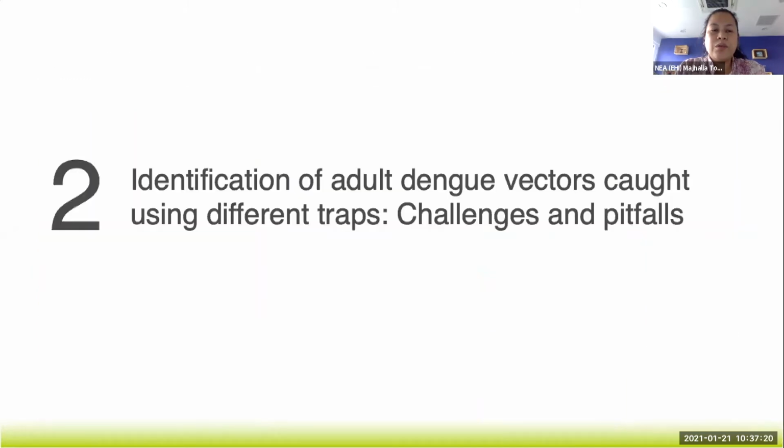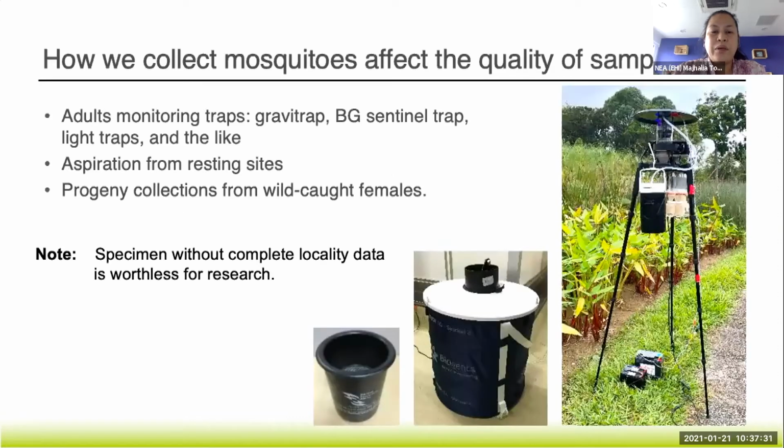All right. So when we're identifying dengue vectors using different traps, there may be challenges and pitfalls that we encounter in terms of identification. How we collect these mosquitoes is that, let's say for adult traps, we have the Gravy trap, we have the BG Sentinel trap, and the night catcher, which is actually a form of a light trap. These are good traps to have.